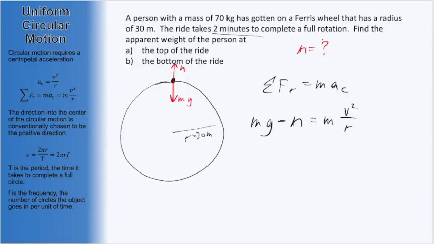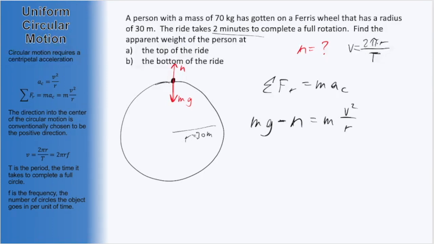When it comes to circular motion, we have some other equations we might want to keep in mind, such as the velocity that we move around the circle can be found by doing 2 pi r, which is the circumference going around that whole circle, divided by this capital T, which is the period it takes to go around that circle.